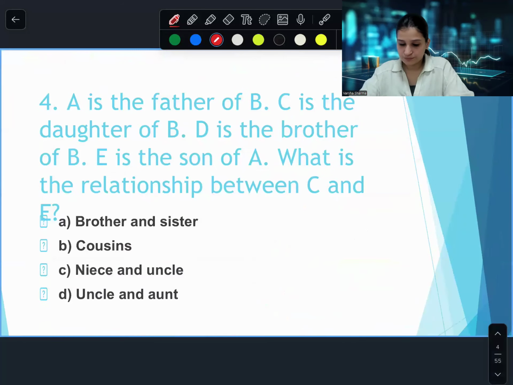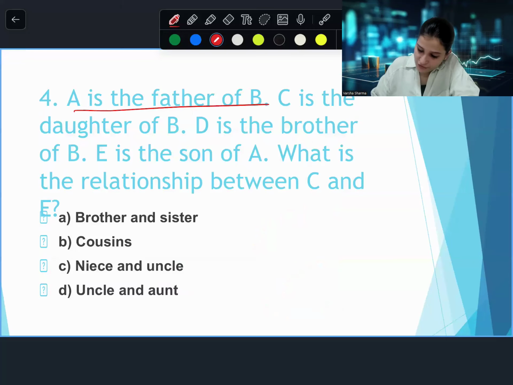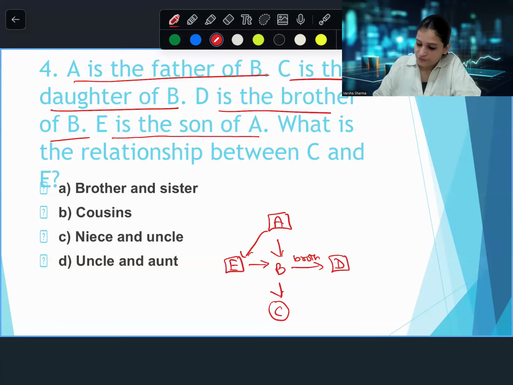Question number 4. Niece and uncle. A is the father of B. So we know the gender of A. C is the daughter of B. We know the gender of C. D is the brother of B. E is the son of A. We don't even need E. No, we need E. E is the son of A. Agreed?